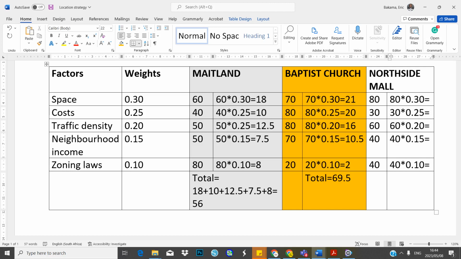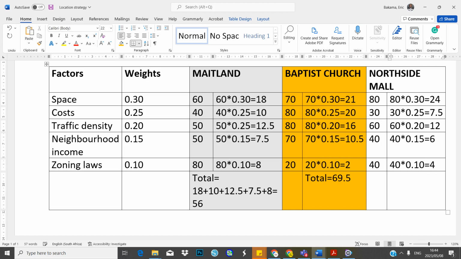So if you have 80 times 0.3, you have a value of 24. Then you have 30 times 0.25, which gives you a value of 7.5. Then if we take 60 times 0.20, that gives you 12, and 40 times 0.15 gives you 6, and then 40 times 0.1 gives you 4.